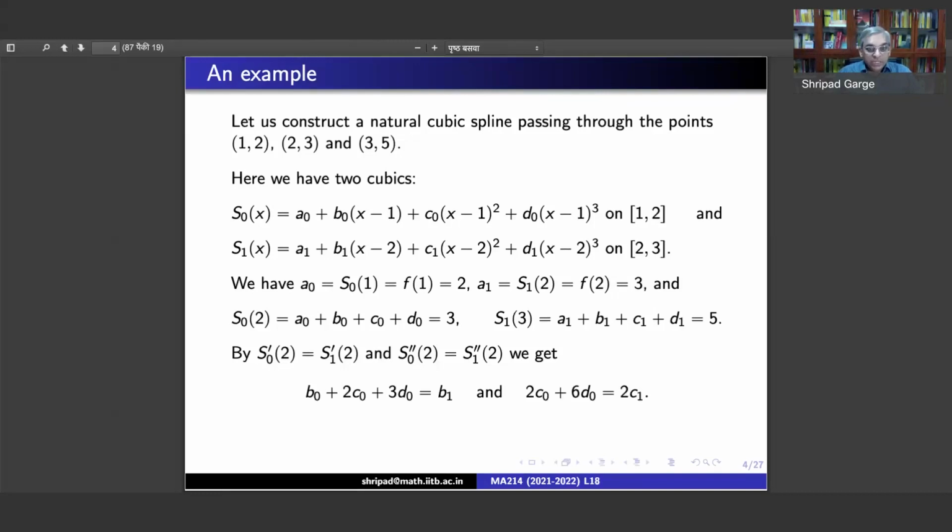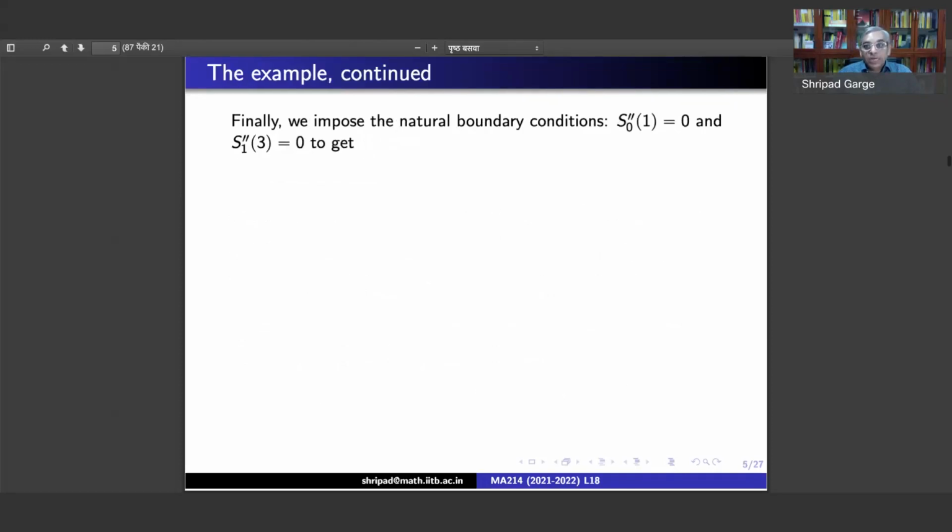Okay, so out of these 8 unknowns, we are left with 6 unknowns and there are now 4 equations. And once you put the boundary conditions, which are the S0 double prime at 1 equal to 0 and S1 double prime at 3 equal to 0, we get a collection of 6 equations. So we have 6 equations, 6 unknowns, and putting in various values, we would get that.